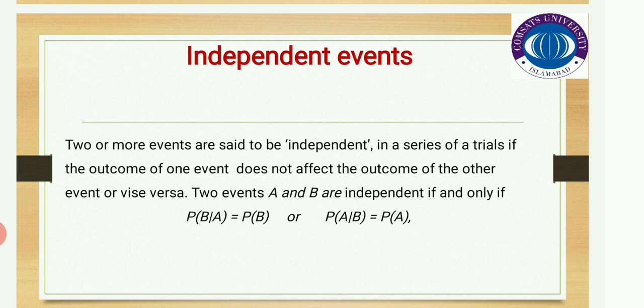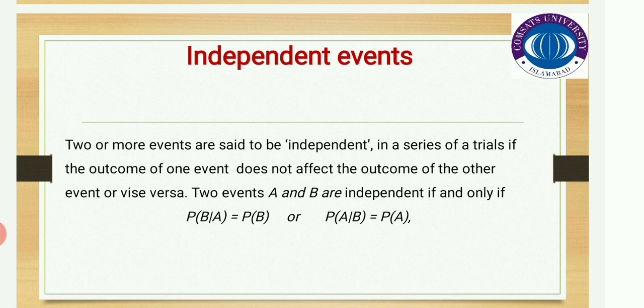Then the events A and B will be independent if and only if they do not affect each other, like the occurrence of one event does not affect the occurrence of the other event.